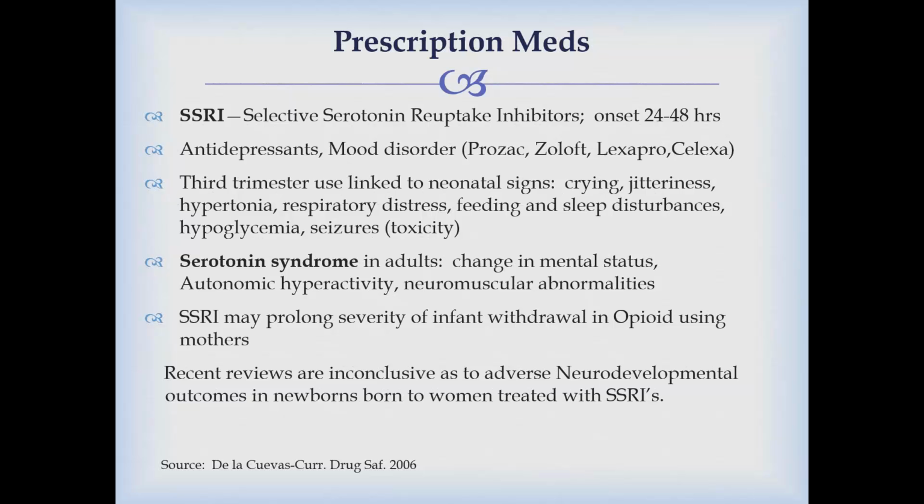They liken the serotonin syndrome in adults to what we might see in infants, where in an adult we see changes in mental status, autonomic hyperactivity, and neuromuscular abnormalities. We are seeing alterations in the infant of disturbed responses to an environment, jitteriness, sleep patterns that are also altered.